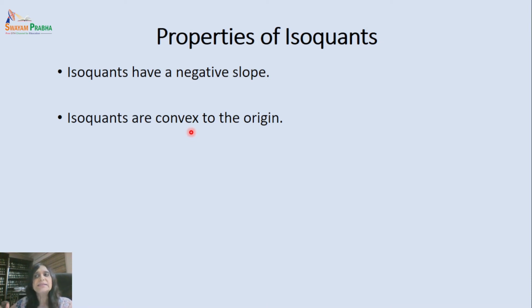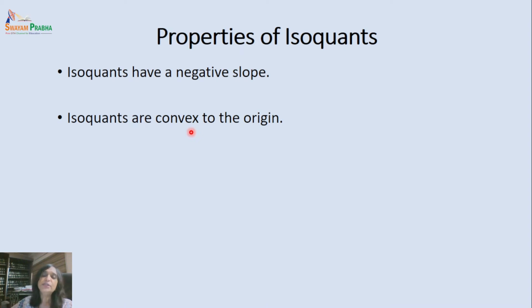So as you are increasing the amount of labor, the amount of capital that you are reducing, that change of capital will keep on declining. Because of diminishing marginal rate of technical substitution, your isoquants are convex to the origin.